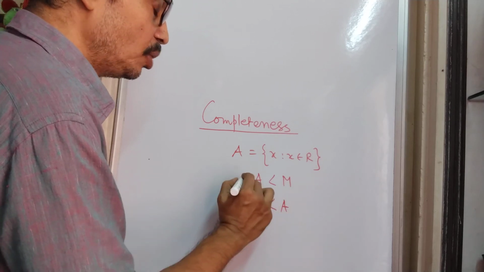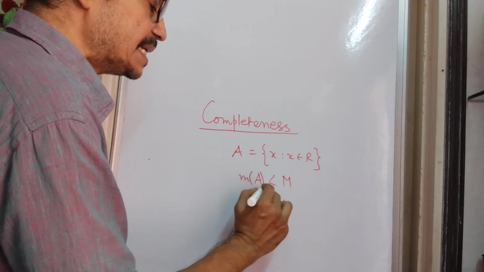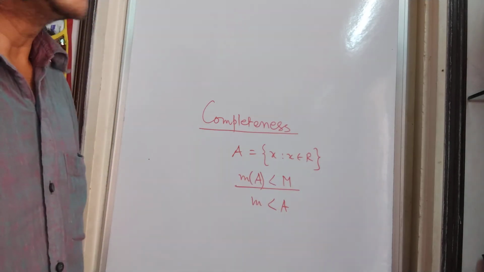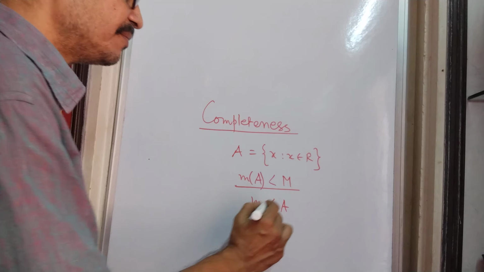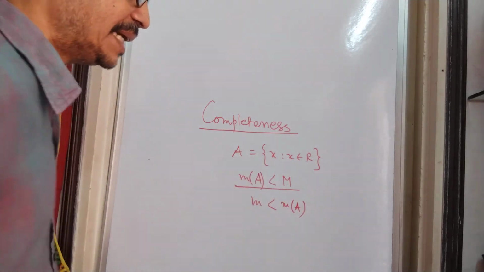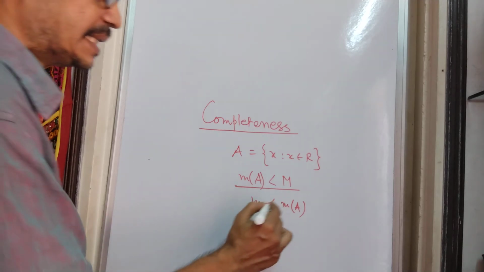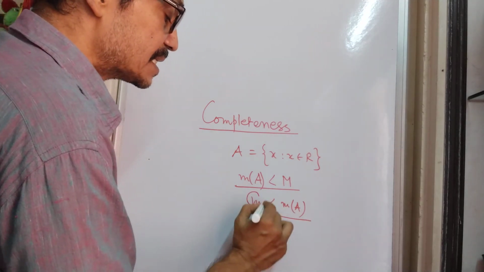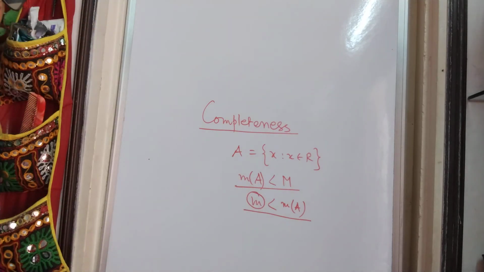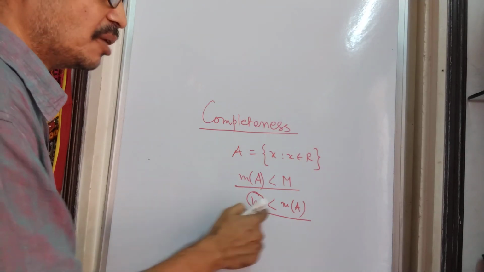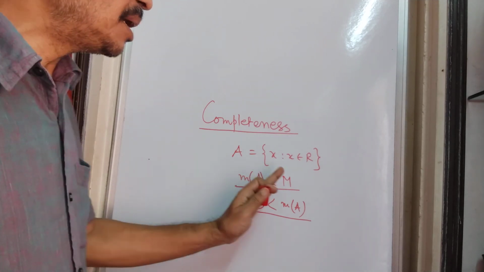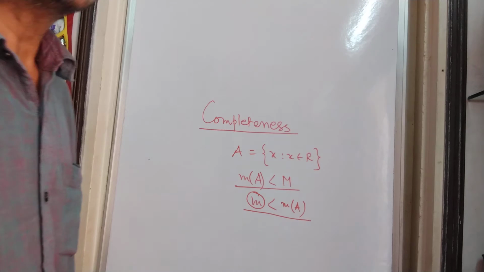That means if all the members of A are strictly less than a particular value, then it has an upper bound. And if all the members of the set A are greater than a fixed small m, then we say that this set A has a lower bound, is bounded from below, and it is bounded from the upper side.